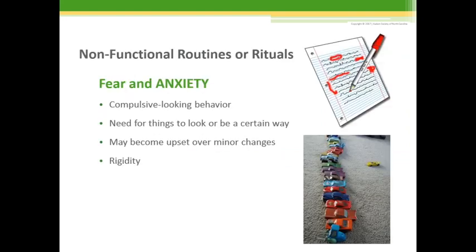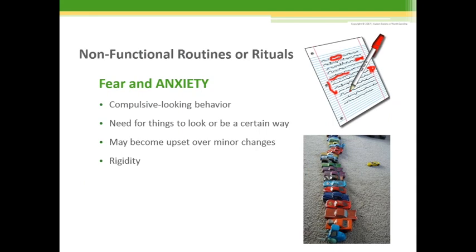We also see, along this same vein of differences in behavior regulation, non-functional routines or rituals. And this, again, can come in a lot of different forms. As a classic example, the child with autism who doesn't know how to engage in toy play appropriately, and he or she lines up his cars over and over again.